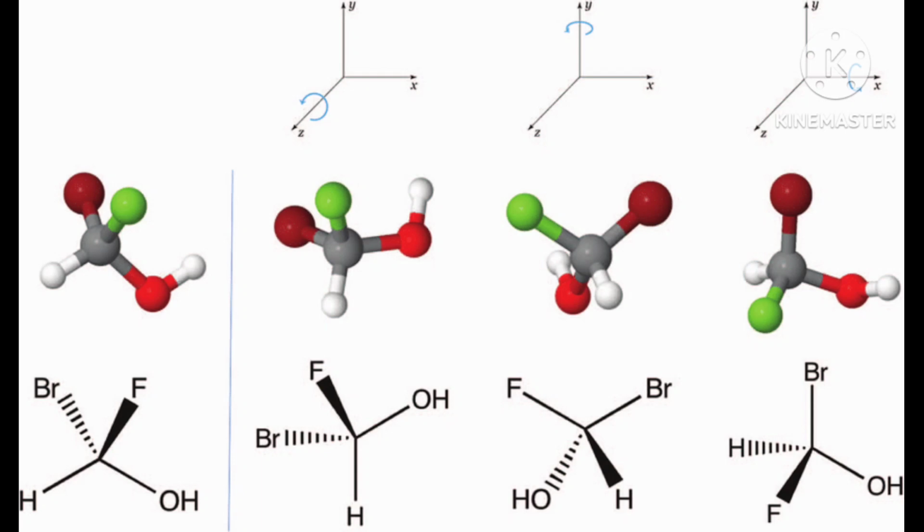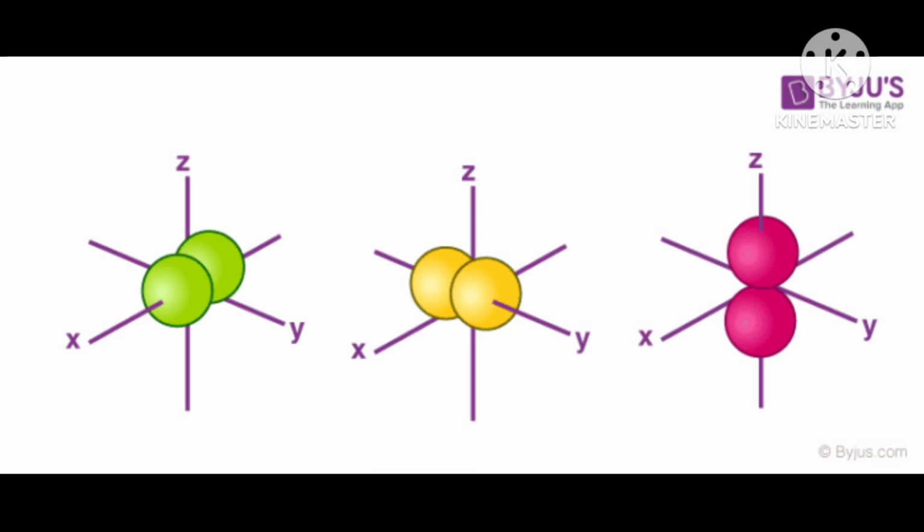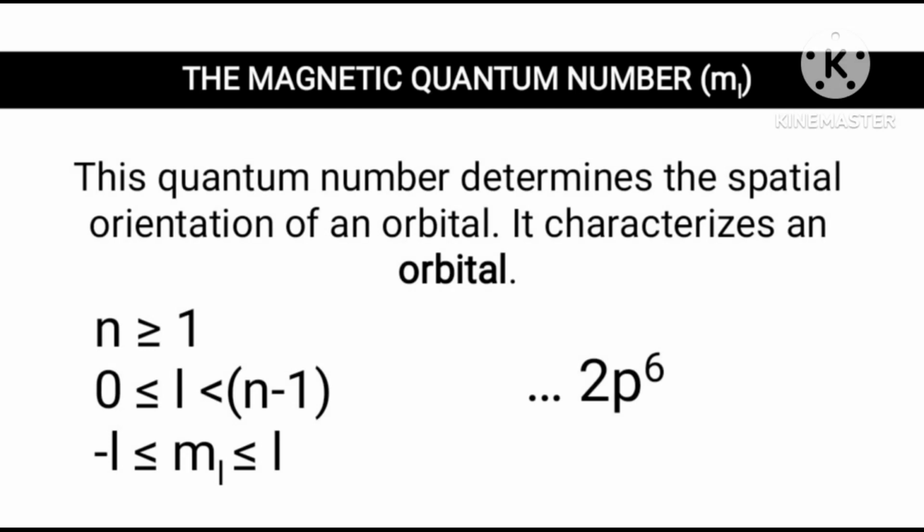They are in a 3D area, so we can draw 3D spatial axes like x, y, and z. We know that p orbitals can be along the axes x, y, and z. So the magnetic quantum number shows which of them it is. And it varies from minus l to l. The values of ml can be between minus l and l. Let's see in more detail to understand it.